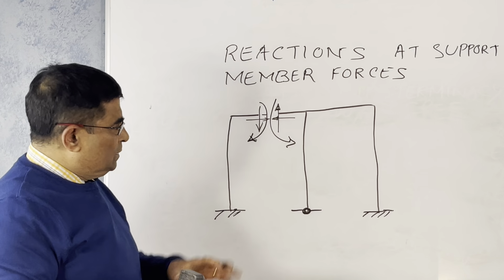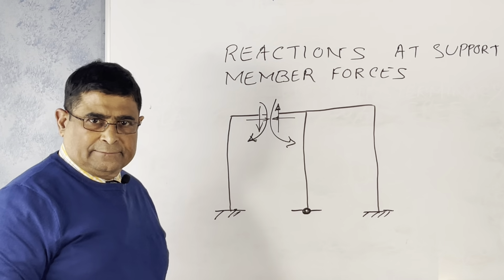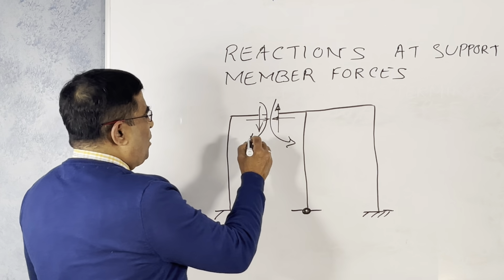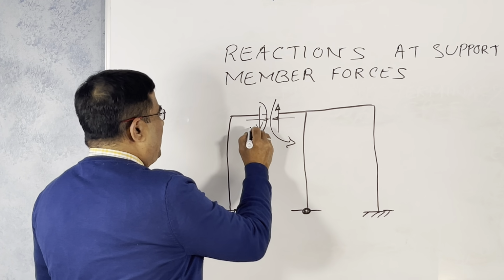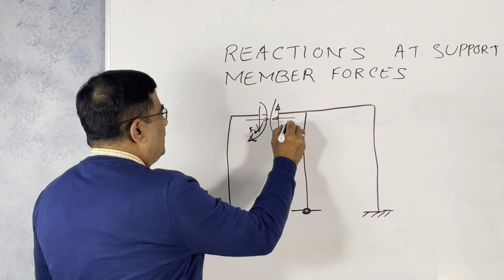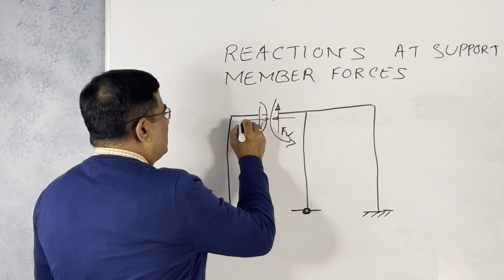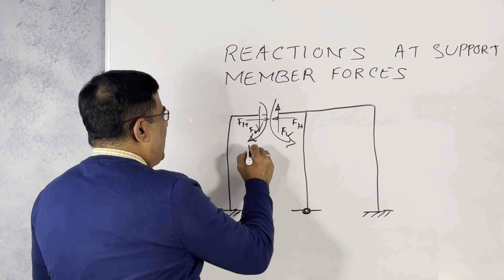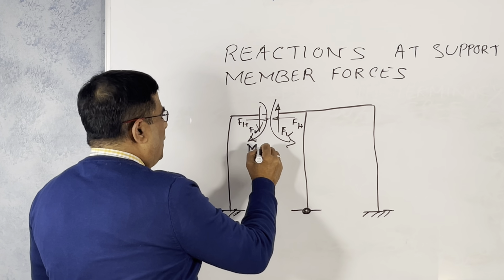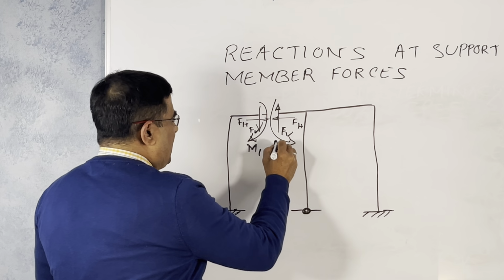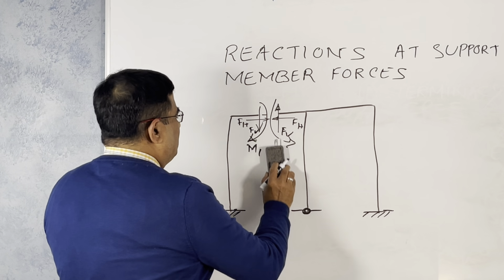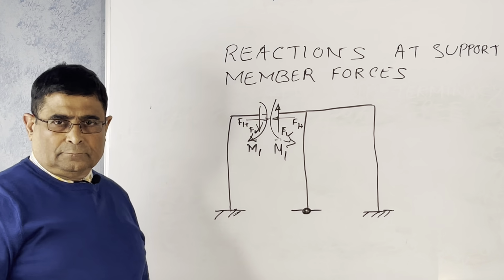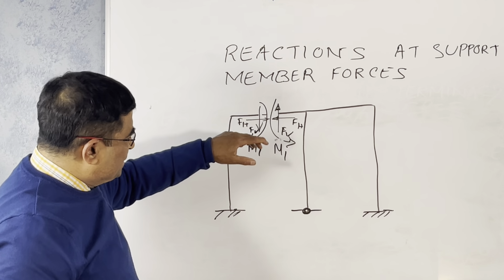Three forces act on this, but they are equal and opposite. So if you consider FH, FV, this is also FV, FH, this is FH, and M1, you can call it M1. Same. So this is a free body diagram.